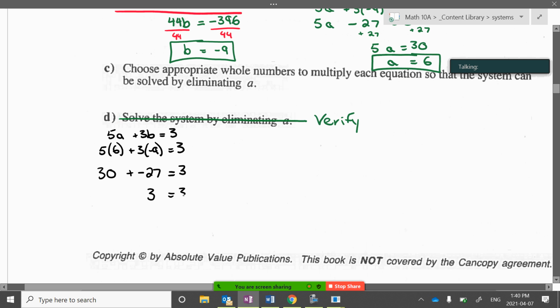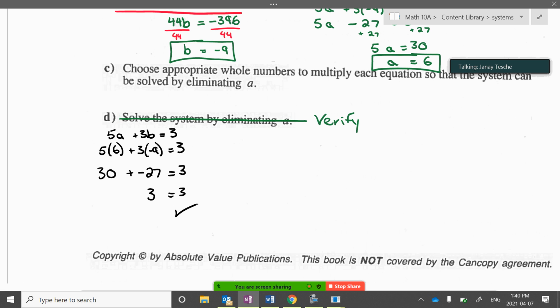So 3 equals 3. That's good. It is not a full verification unless you do both equations. On your unit test, which is going to be in like 10 days, a week and a half kind of thing, there'll be at least one time where you have to do a verification.